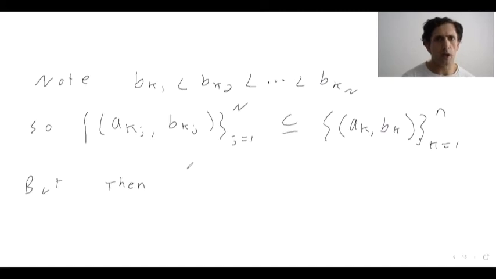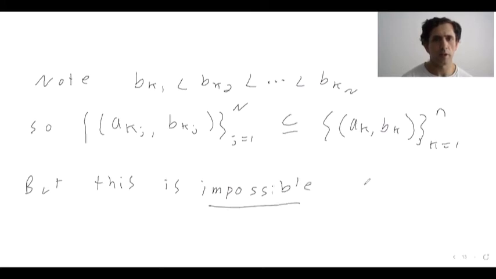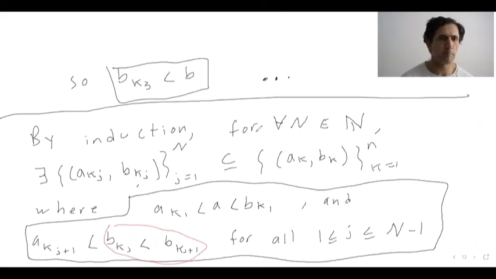Right, so let me write it like this. This is impossible. Well, this is impossible for big N bigger than n. So by our assumptions, there's nothing wrong with this induction claim.